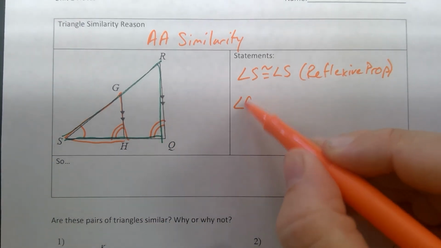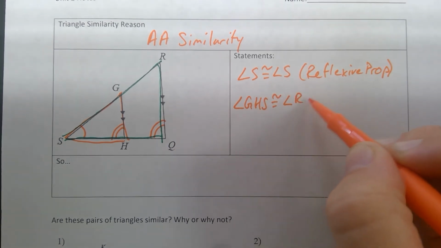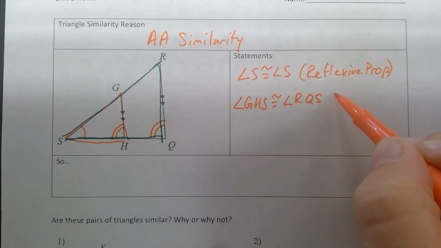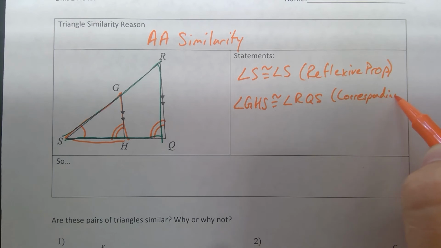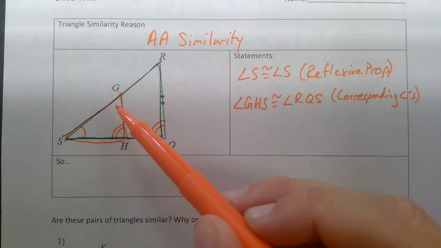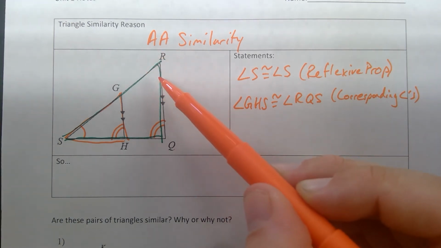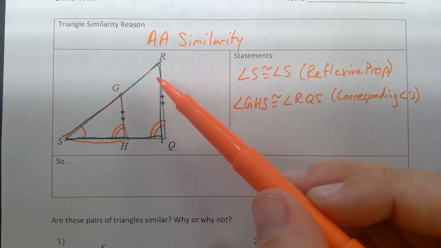So I can say that angle GHS is congruent to angle RQS, and that is corresponding angles. Okay? Now, since I know two angles already, I'm good to go. We could also show that angle SGH, this angle right here, is congruent to angle SRQ, this angle right here. Okay, those would also be corresponding angles.